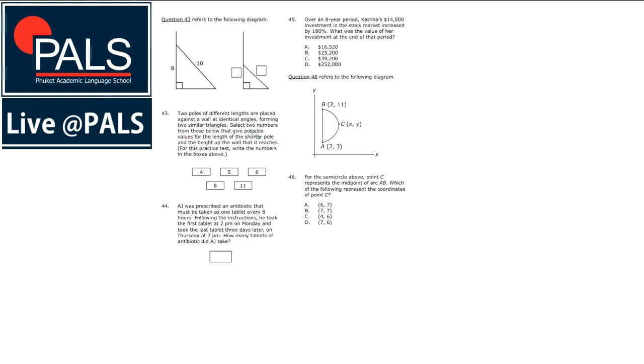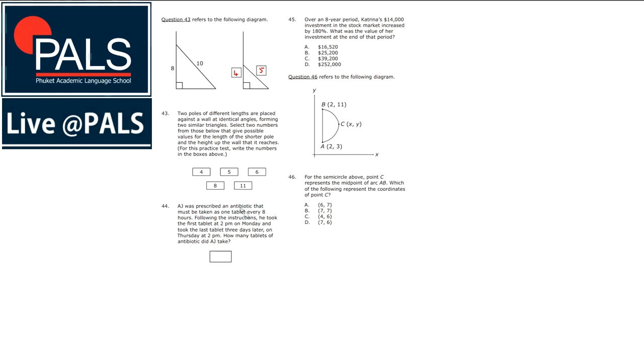Select 2 numbers from those below that give possible values for the length of the shorter pole and the height of the wall that it reaches. It should be 4 and 5. Now we can just half the two numbers.